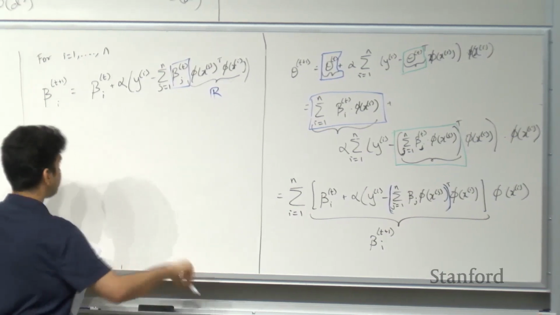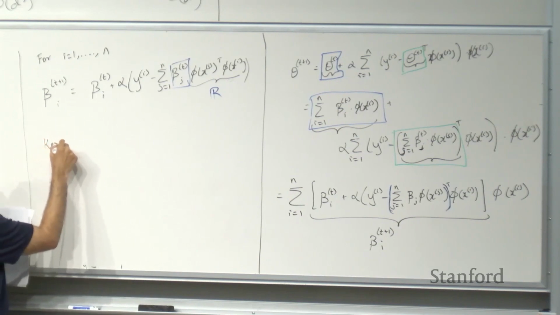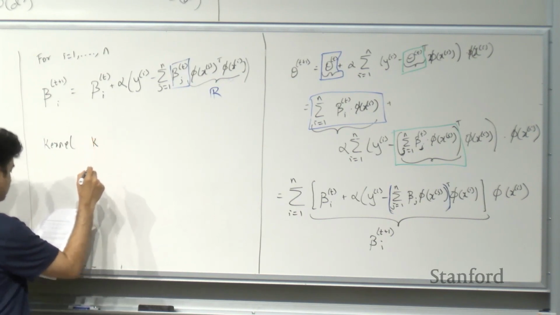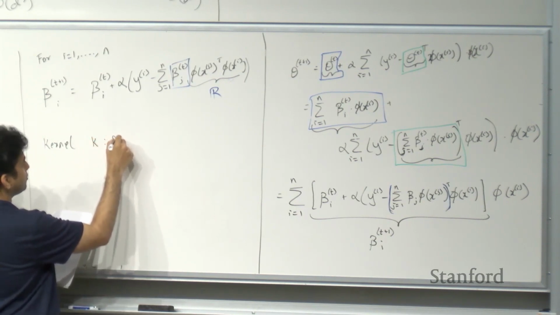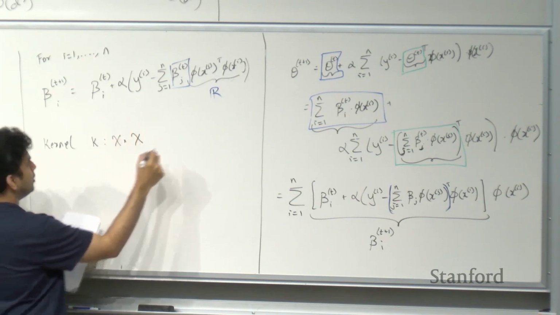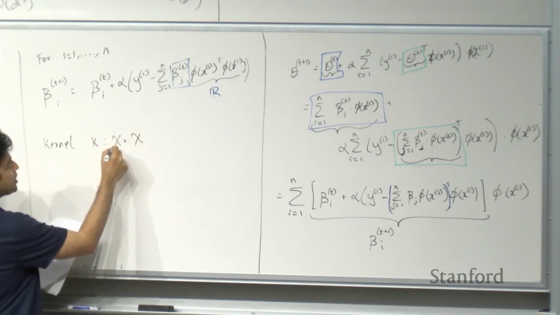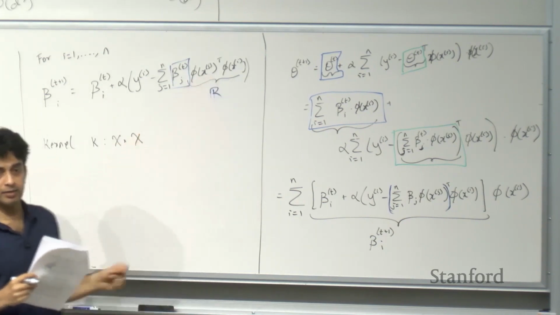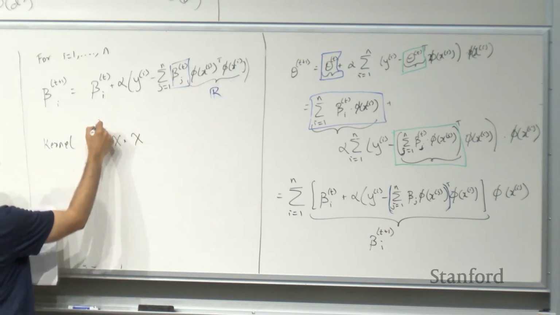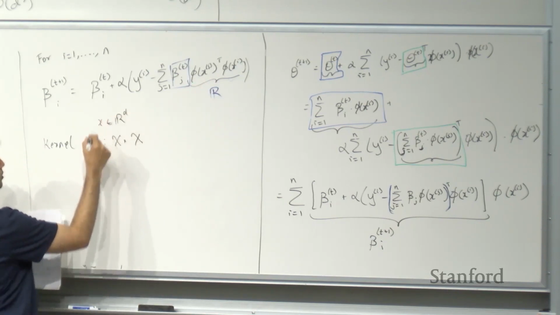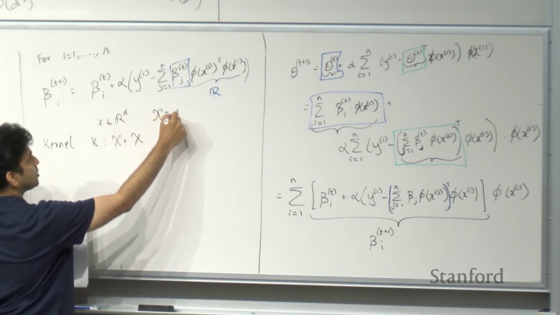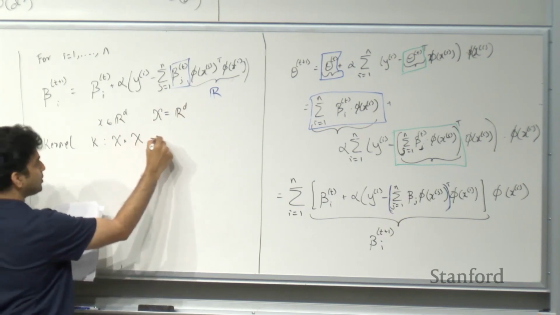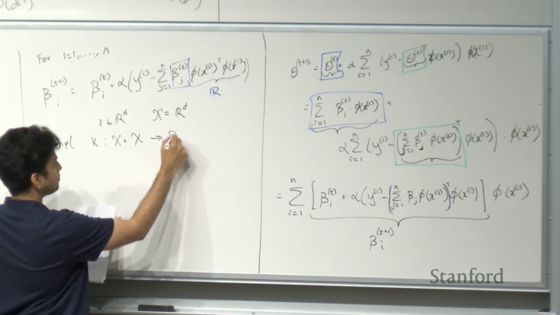A kernel is some function k that maps script X times script X to the reals, where script X represents the space where x's reside. In our case x is in R^d, which means script X equals R^d. So it takes two examples and maps them to a real number.